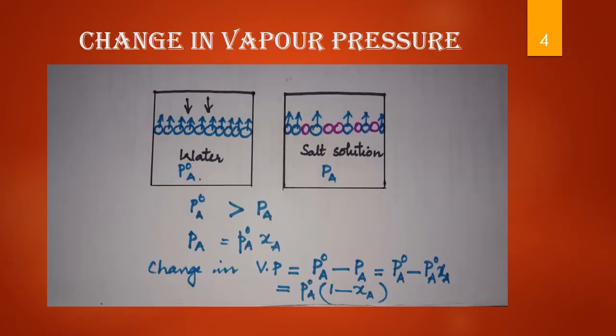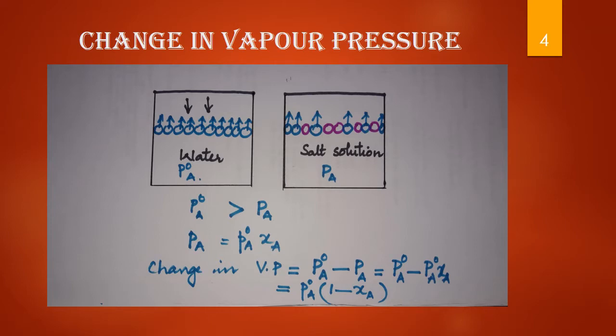Here, you can consider the solution made from water. First, we consider water in the first beaker. You find that the molecules that are present on the surface are capable of changing into vapor. So that contributes to the total vapor pressure. So you find that vapor pressure of pure solvent is always greater, and that is denoted by P0A.